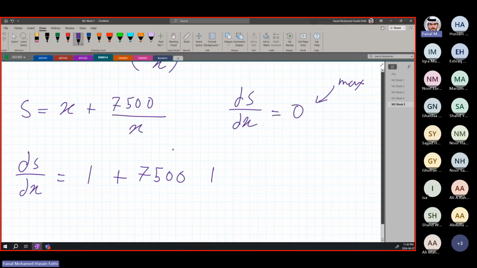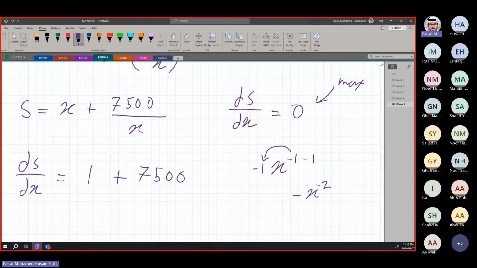The differentiation of ln of X is 1 over X. So 1 over X is X to the power of minus 1, right? If we apply the rule, we multiply by minus 1 and subtract 1 from the power. So it will become minus X to the power of minus 2, or minus 1 over X squared. This is the differentiation of 1 over X. Okay. The differentiation of ln X is going to give you 1 over X.